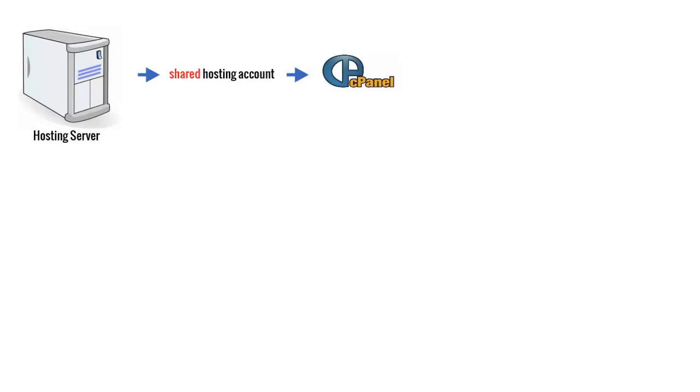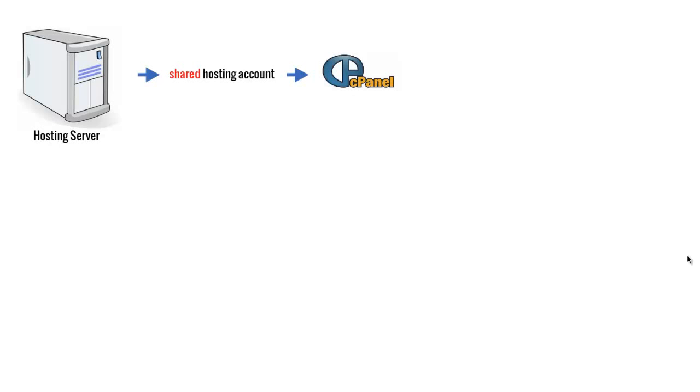So with that said, I'm going to show you what normally you have with a shared hosting account. What you're seeing here is the hosting server. This can be HostGator or Bluehost or whatever your hosting company is. This is your shared hosting account, and this is your cPanel right here.